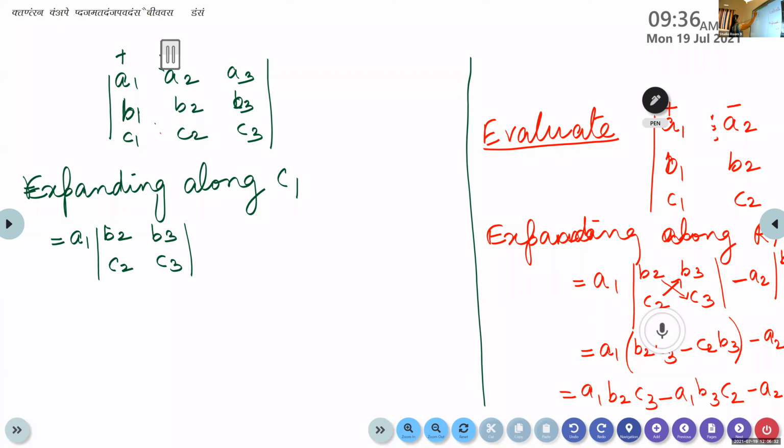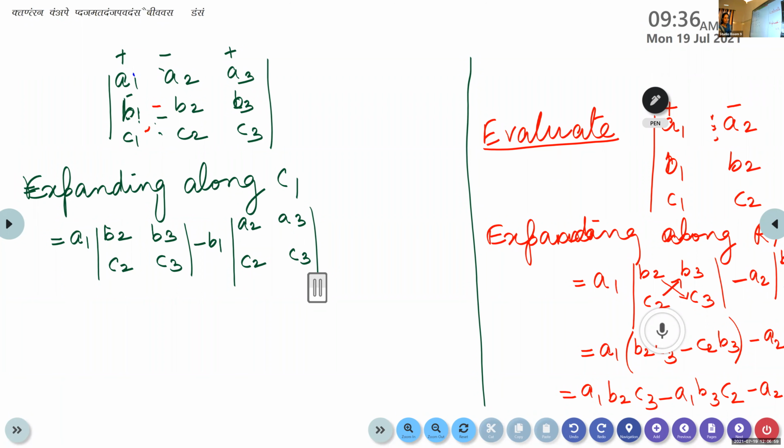Plus, minus, plus. For the second element, it is minus, isn't it? So minus B1 into. Leave the row containing B1, and the same column. So we get A2, A3, C2, C3.